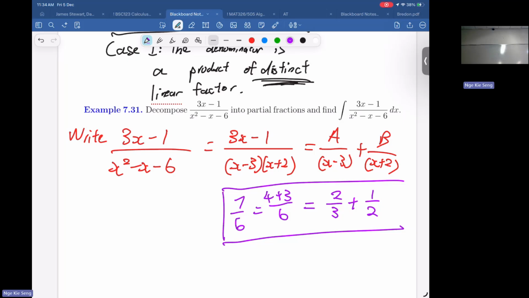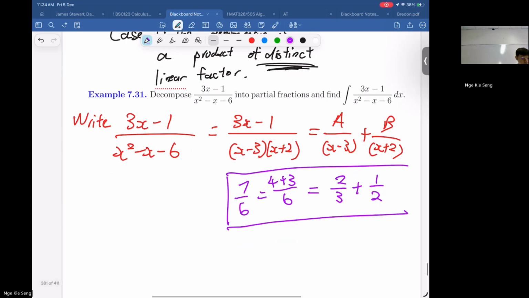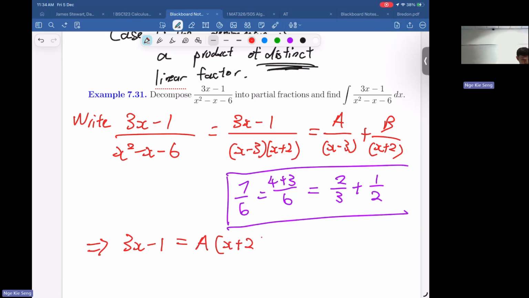So how to do that? Here is the technique. What you should do is multiply your factors across such that you get A times (x plus 2) plus B times (x minus 3) equals 3x minus 1.